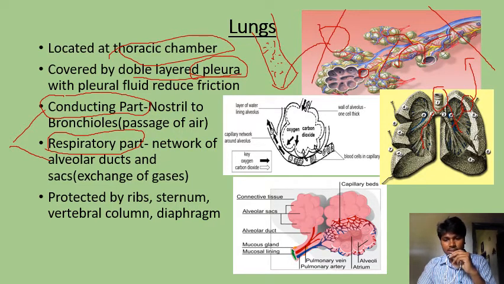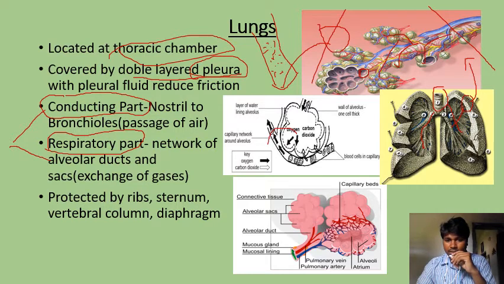The alveolus is supplied with blood capillaries, so that carbon dioxide which is taken from all parts of the body is mixed in the blood, and through the blood it comes to the alveoli. From the blood the carbon dioxide diffuses outside into the alveolar sac, and whatever oxygen we breathe goes inside the blood. So oxygen and carbon dioxide are getting exchanged here.